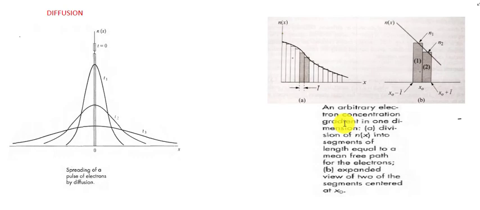If we have excess carriers, then the carriers will move from a region of higher concentration to lower concentration. We have already studied the generation mechanism of excess carriers, that is, through optical generation we can generate excess carriers. So we can define diffusion as the movement of charge carriers from a region of higher concentration to lower concentration, and the current due to this diffusive motion in semiconductors is known as diffusion current.